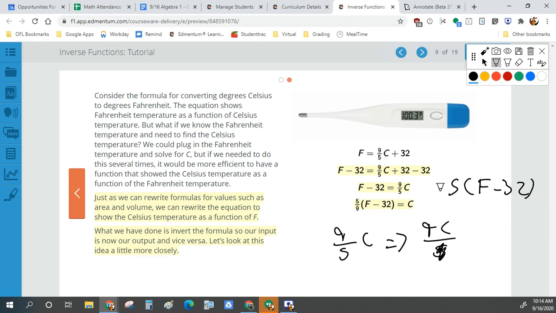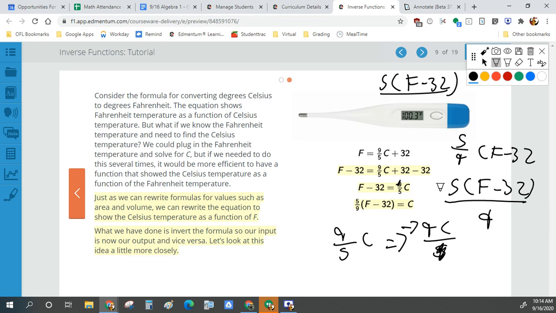So if you multiply it, this goes away. And then you can also get rid of this times 9 right here, by dividing everything by 9. So whether you write it like this, or if you write it like this, they're both the same answer.